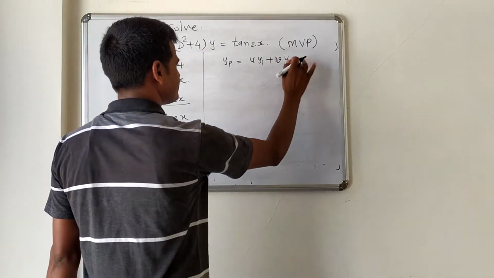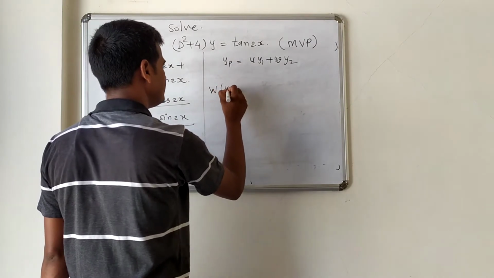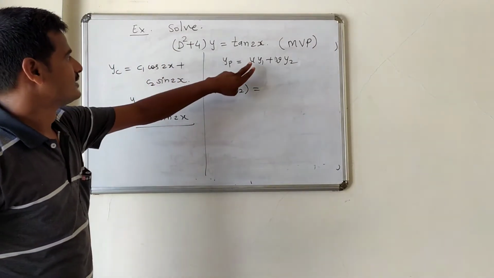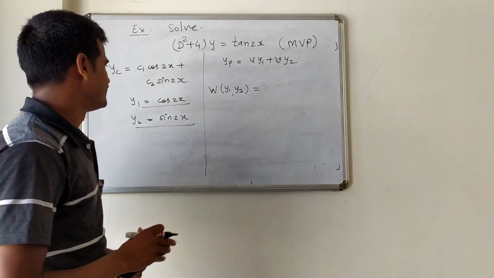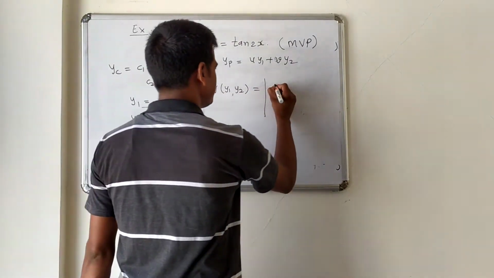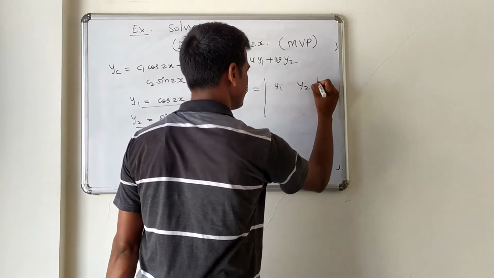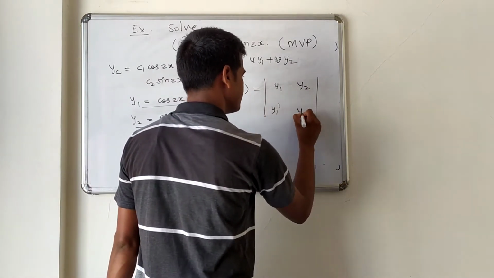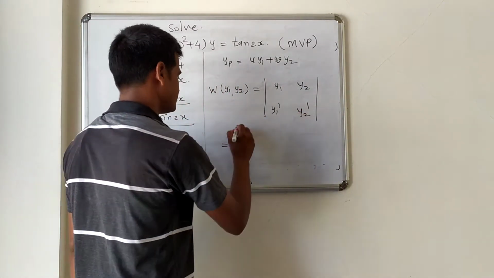So before that, let us calculate the Wronskian of y1 y2, which is required in getting the values of u and v. So Wronskian of y1 y2 is equal to the determinant of y1 y2, this is your first row, and y1 dash y2 dash. So what is this?